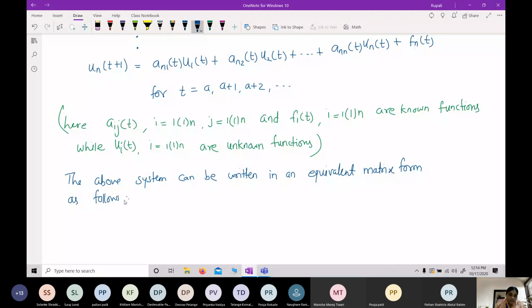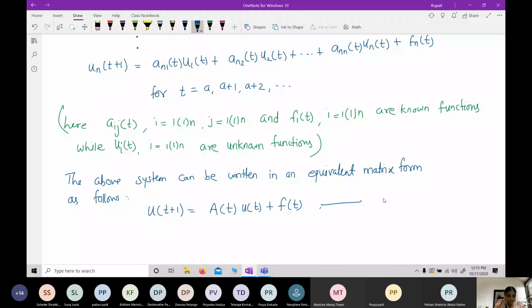I can write this as u at t plus 1 is equal to capital matrix A of t, u of t plus f of t. This is vector, where u, A, f, these are vectors.